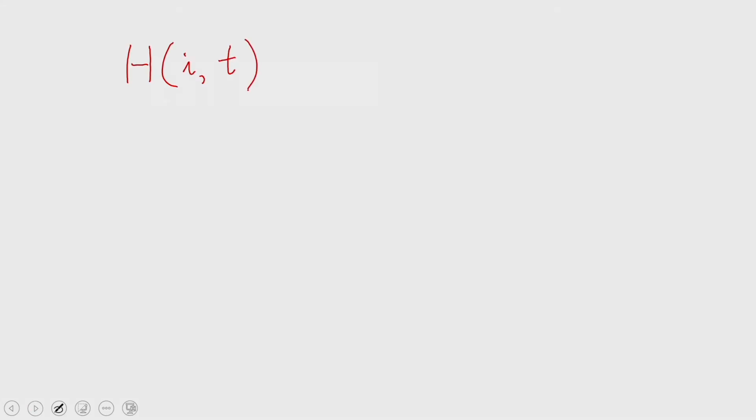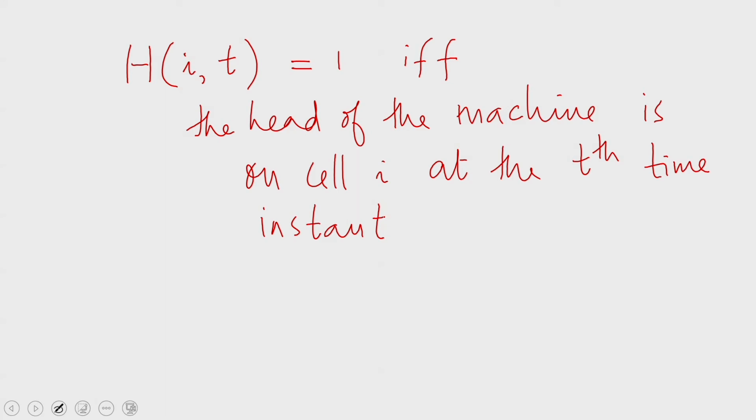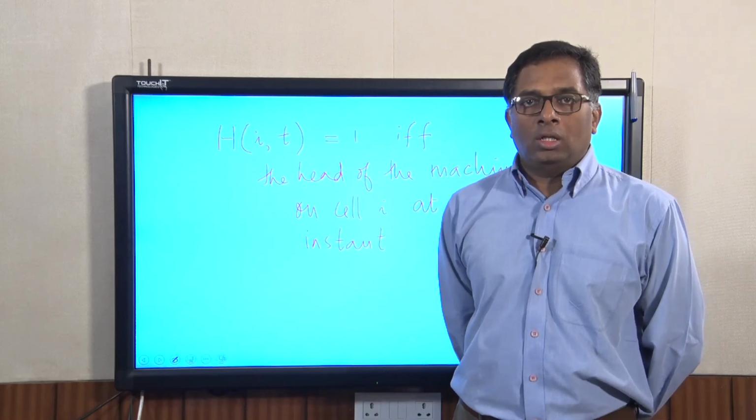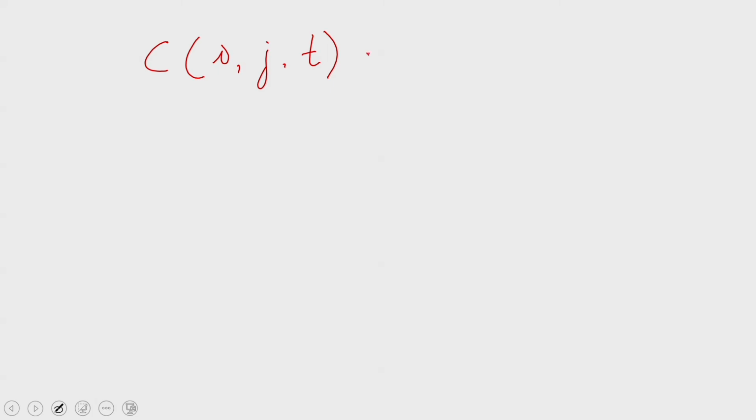H_it is going to be 1 if and only if the head of the machine is on cell i at the tth time instant. Similarly, C_ijt is going to be 1 if and only if cell i contains symbol a_j at the tth time instant.